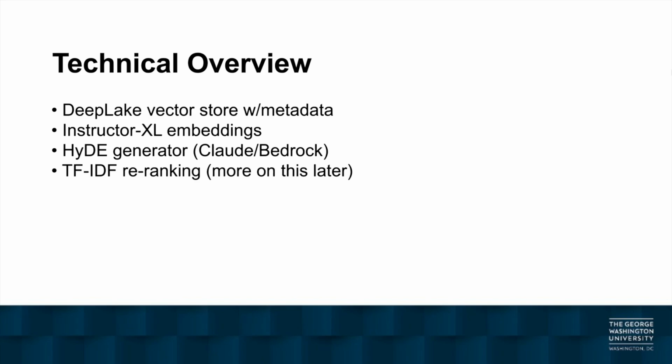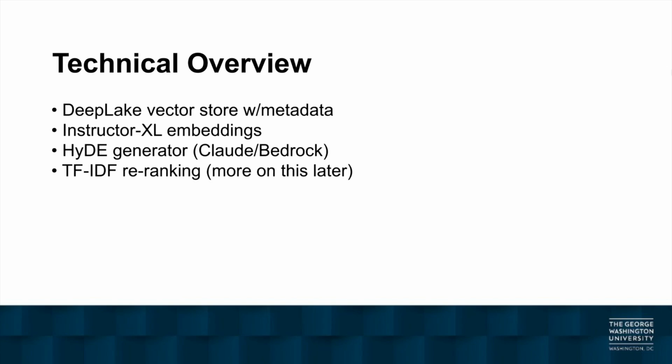So, technical overview. It's going to be a little dense, but hang on. We store all of our documents in something called Deep Lake, which lets us perform efficient similarity searches. We chose something called Instructor XL for our embedding model after extensive testing showed it had superior understanding of archival language compared to other models.